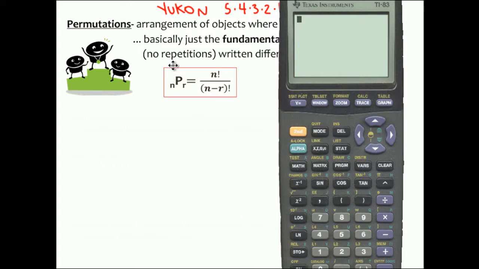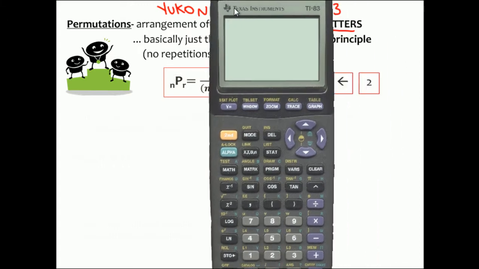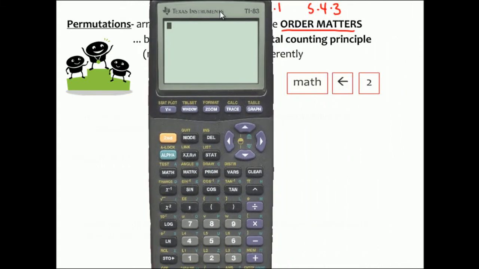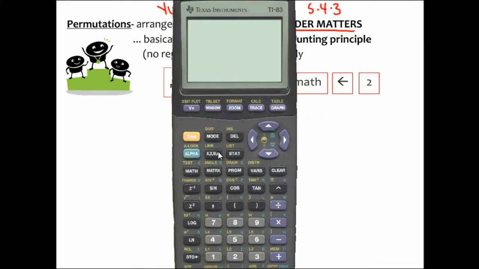Our n is 5, and if we take them 3 at a time, we get 60. So this should be the same as 5 times 4 times 3. You get the same answer.